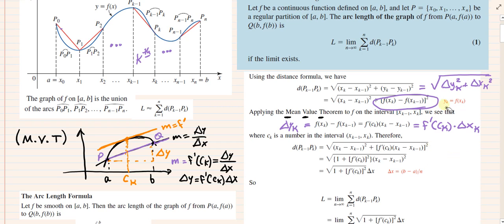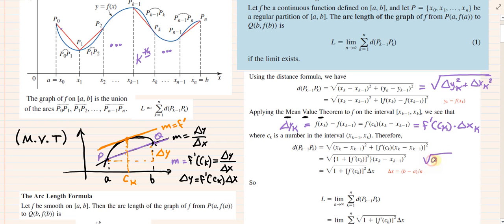And then of course you square that. And our next step is to actually, because there is a common factor, we can factor delta x here, and we can factor delta x here in their squared form, delta x squared in other words. And then we take the square root.